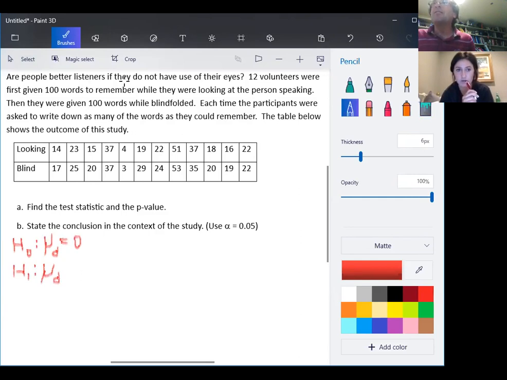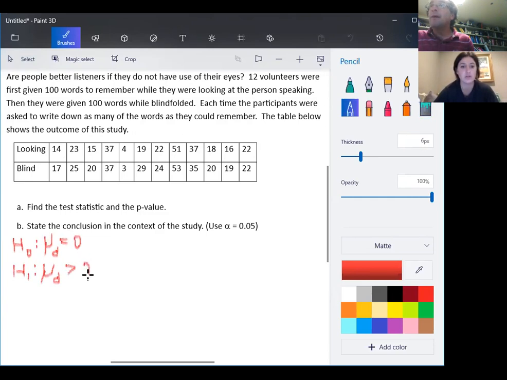If they're better listeners without their eyes, then notice the 14 and the 17. Is that an example of being better without the eyes? Yeah. If you take 17 minus 14, do you get a positive number or a negative number? Positive. So that means we're going to be greater than 0.